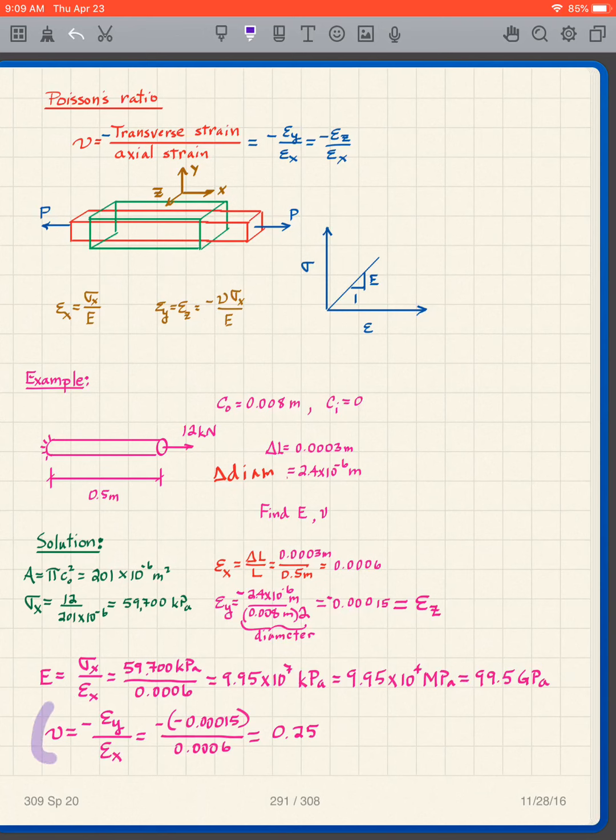And then our Poisson's ratio is what? It is the negative epsilon y over epsilon x. We plug in our values of epsilon y and epsilon x, and we get our Poisson's ratio is 0.25.